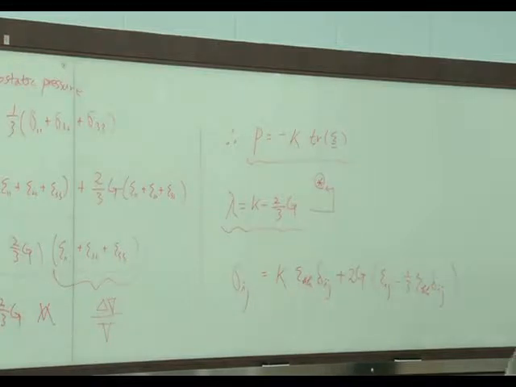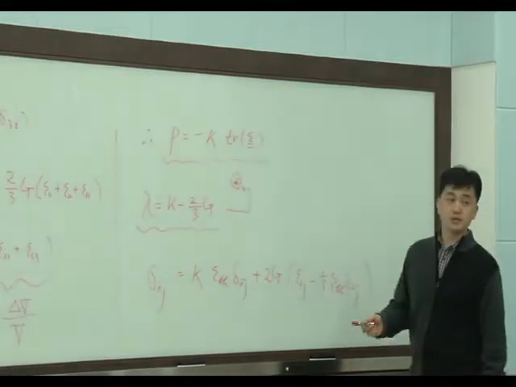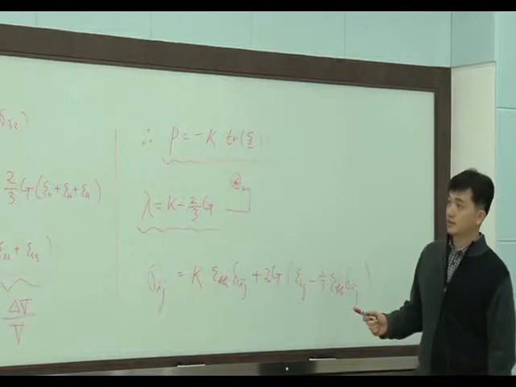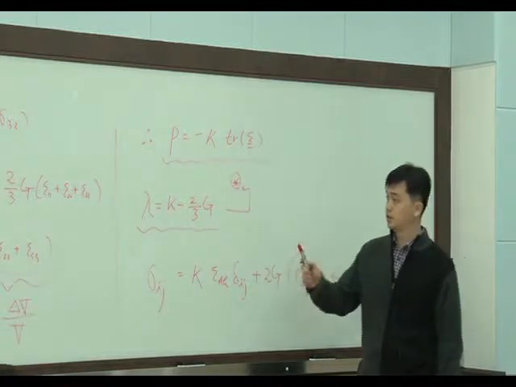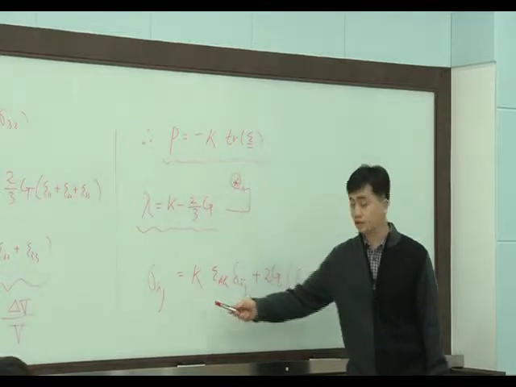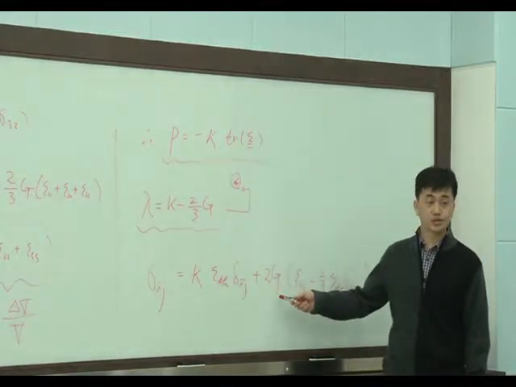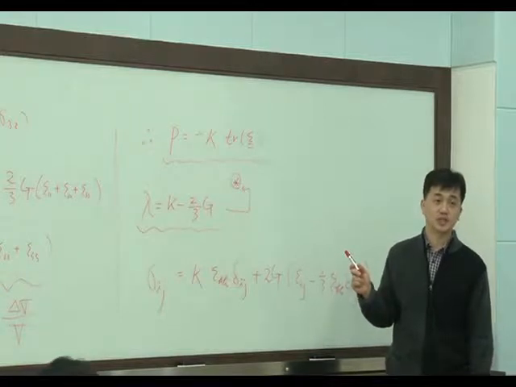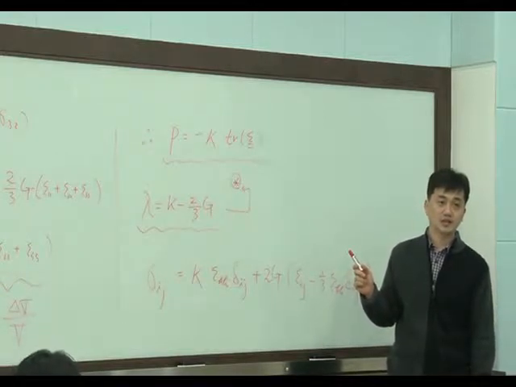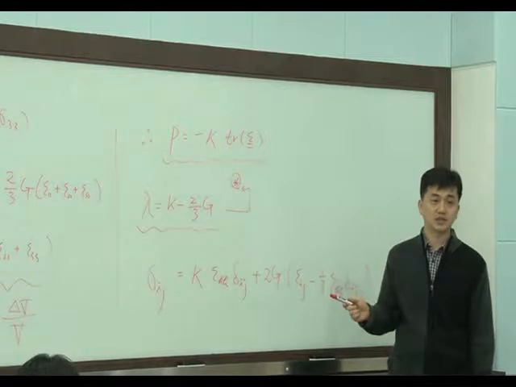So this is the same material law, but the material constants are changed. We use the bulk modulus K and the shear modulus G instead of lambda and G, right? Small change, but exactly the same equation.